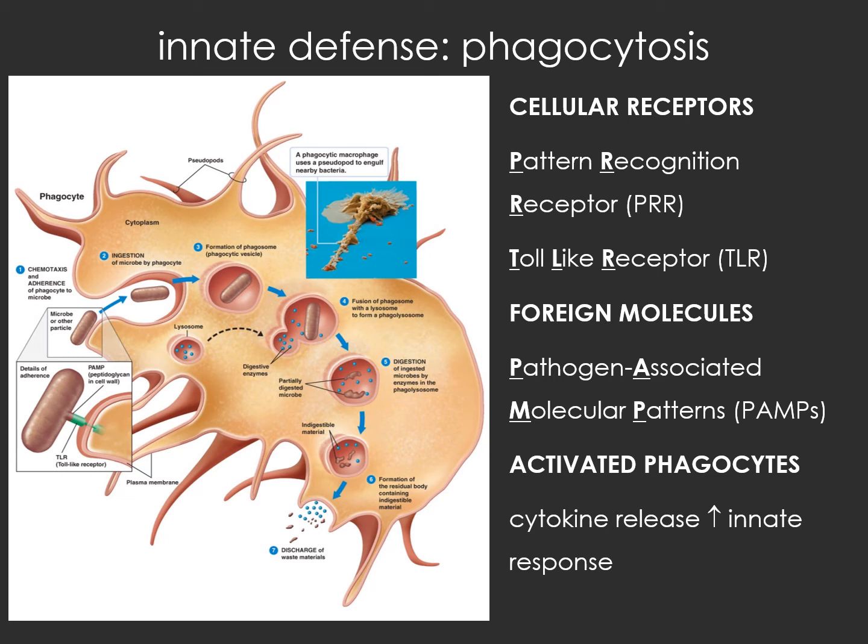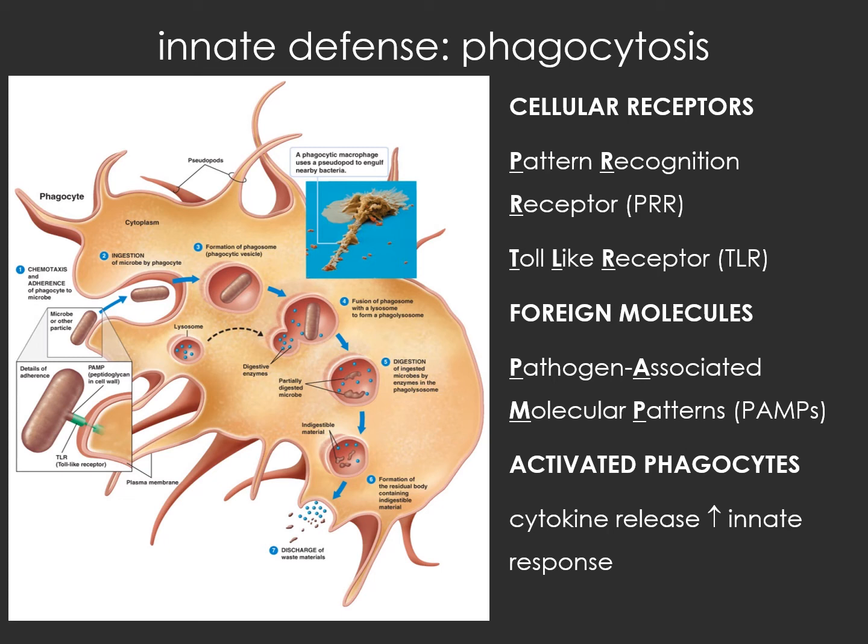And within that phagolysosome, in step 5 there, you see those lytic enzymes and digestive enzymes of the lysosome digesting that microorganism and neutralizing the threat of the microorganism. And then once that microorganism has been completely digested, the waste material from that microorganism is discharged into the space, the interstitial space of the tissue.